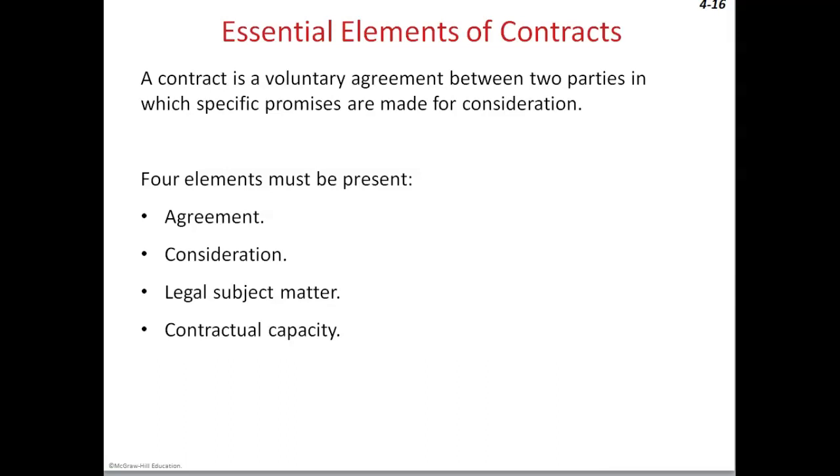The individuals must be legally able to perform the acts discussed. If a physician was not duly licensed to practice medicine and entered into a contract with a patient, that contract would be null and void, or not legally enforceable, because the physician was not licensed to do the things he agreed to do.